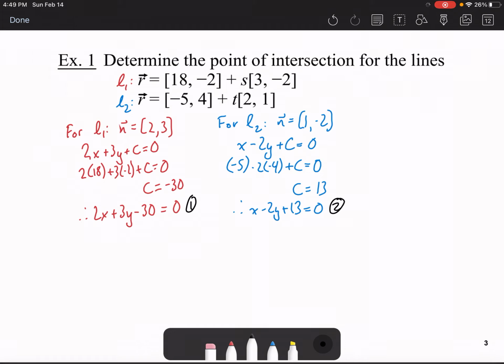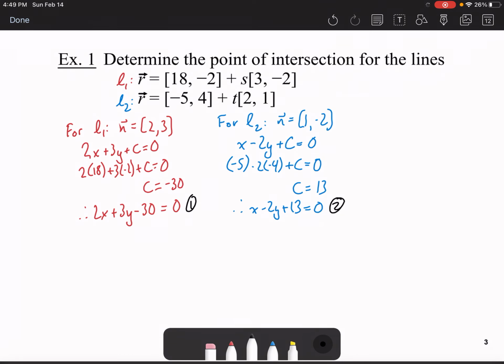So for myself, I'm going to take equation 1. I'm going to leave it as is. I'm going to take equation 2 and multiply by negative 2. Then I'm going to add these equations.